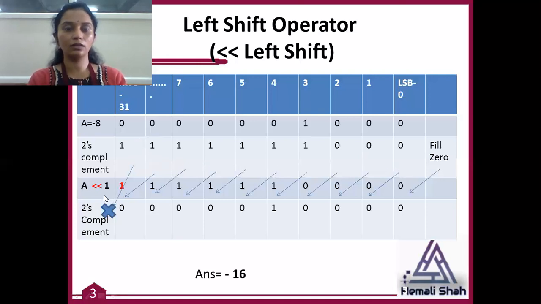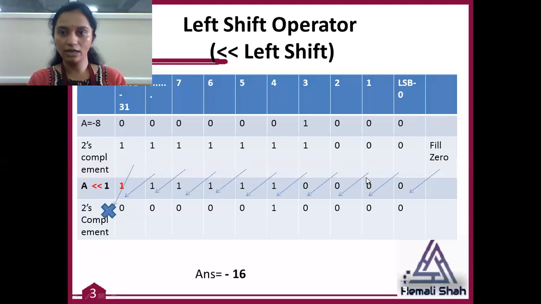Now see, here I have used shift left by 1 bit. That means you want to shift all the bits 1 time to the left. So here this least significant bit value 0 will come over here, this 0 will come over here, this 0 will come over here, and your most significant bit, this 1, will be discarded, and you will get this value over here.